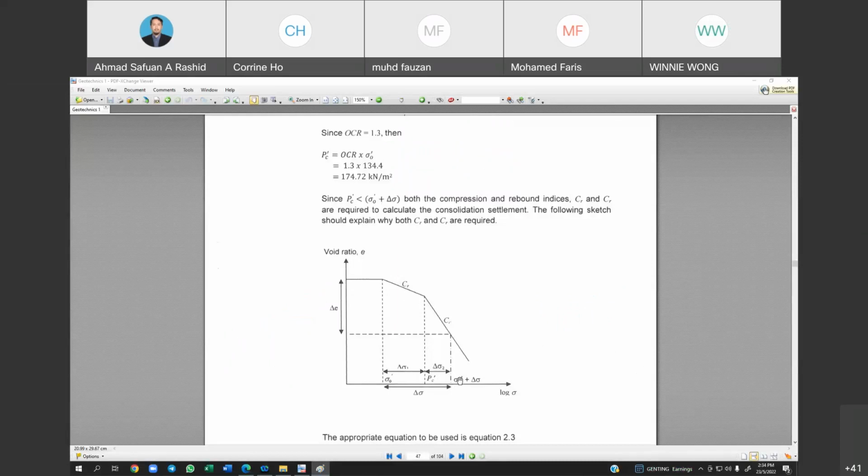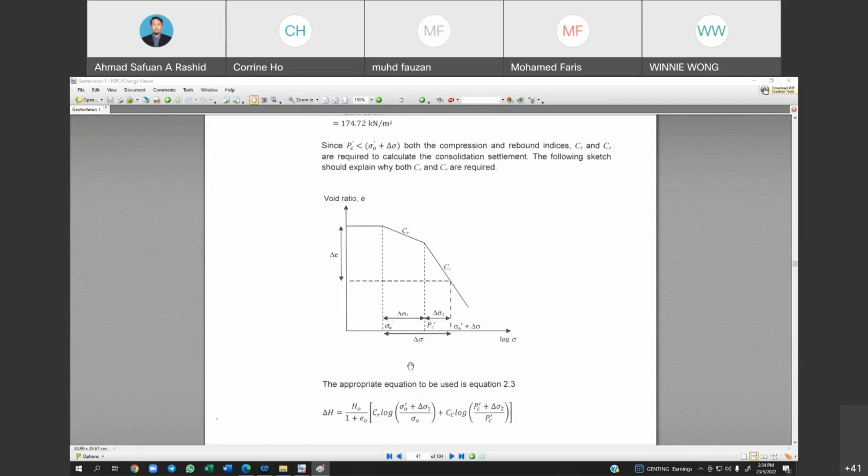On the other hand, as I mentioned previously, based on the slide there is a difference in terms of the equations or the notation of the equations. The appropriate equation to be used is equation 2.3.